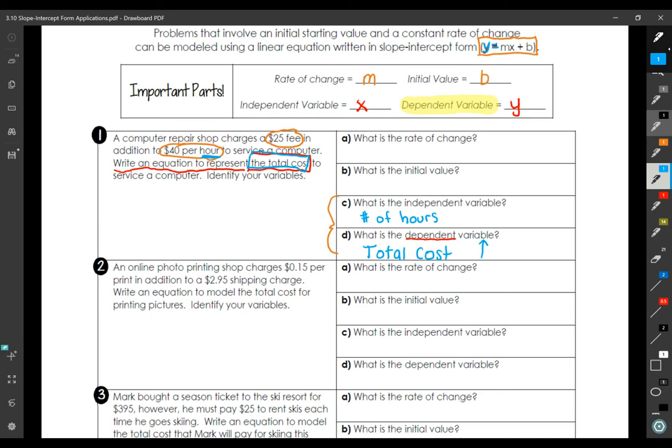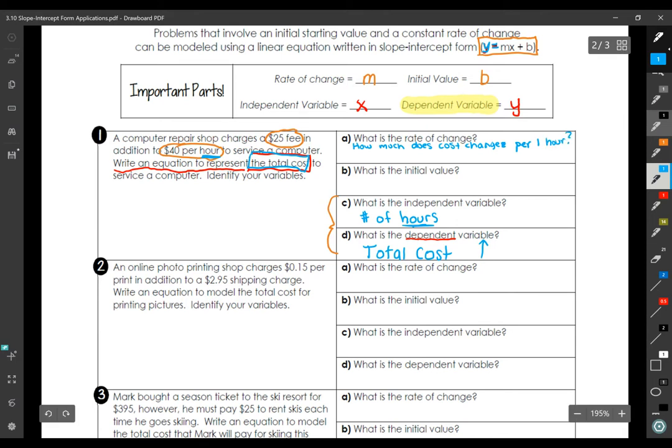Okay, so now that we have those two, let's identify the rate of change. Remember, rate of change is change in our dependent variable over the change in our independent variable. So how much does cost change per one of your hours? So per independent variable, per 1 hour.